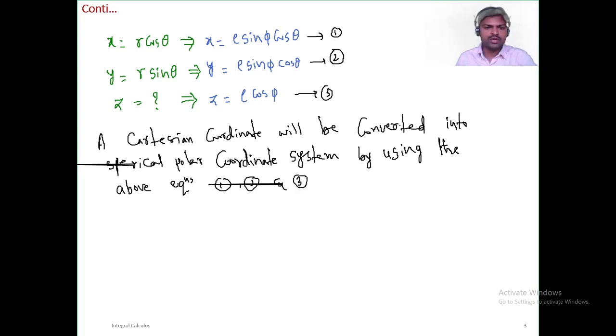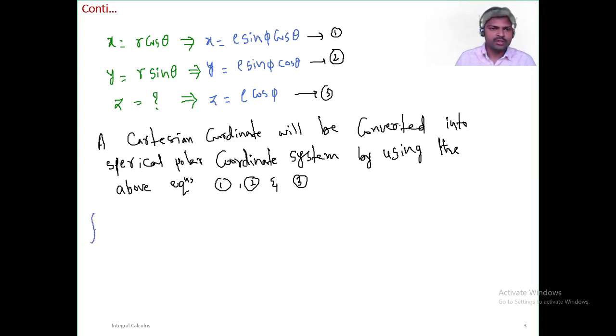So under these transformations, a Cartesian integral will be converted into a spherical integral. So now look at how the integration modifies, or how the integration is carried out under these three transformations.